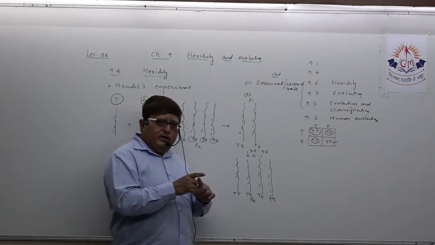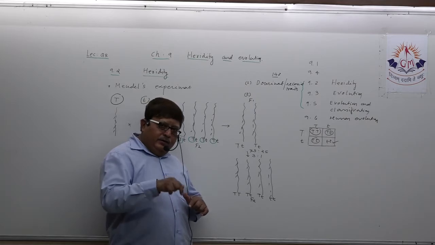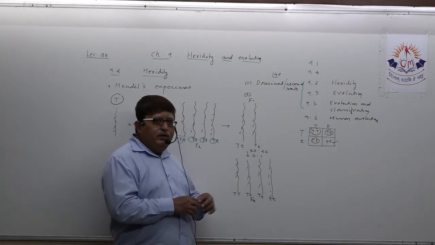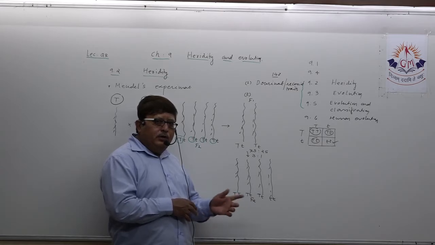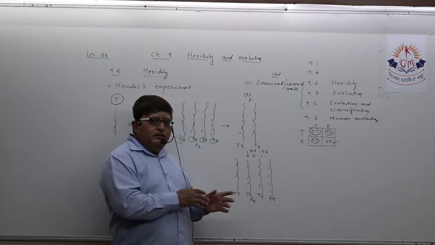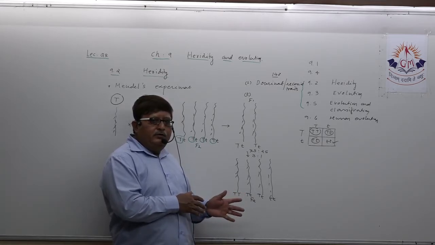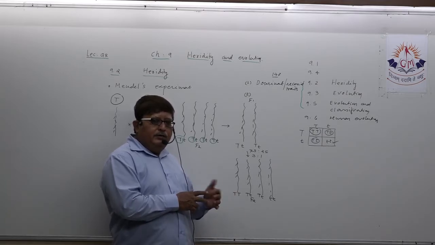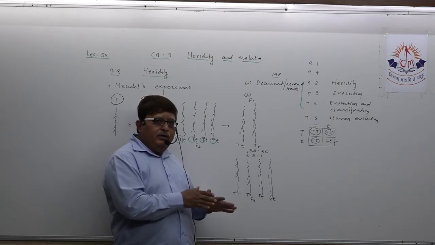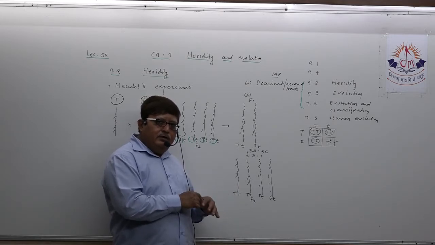But when he self-pollinated in the next generation, again he found the dominant trait and recessive trait in the ratio of 3 is to 1, meaning 75% plants were with tallness and round seed, and 25% were dwarf and with wrinkled seed.